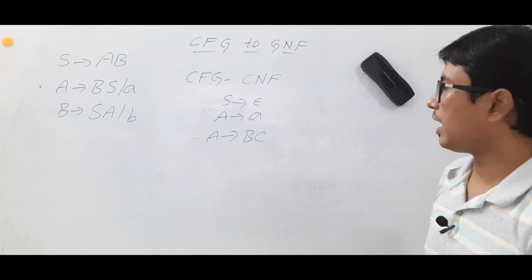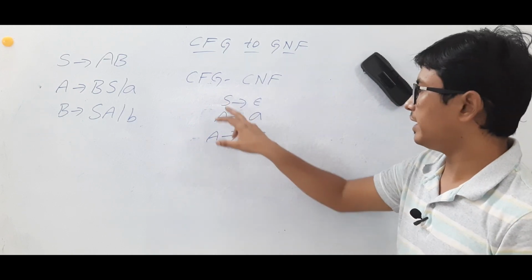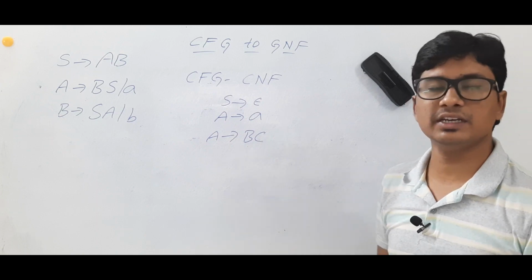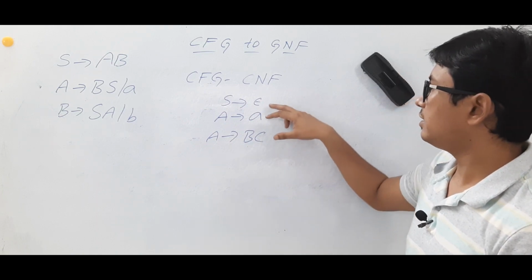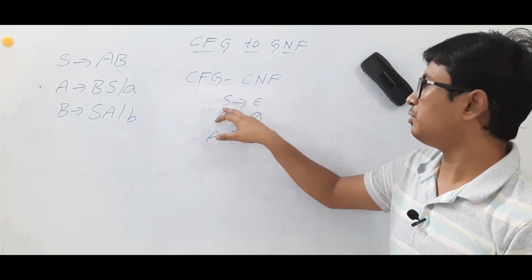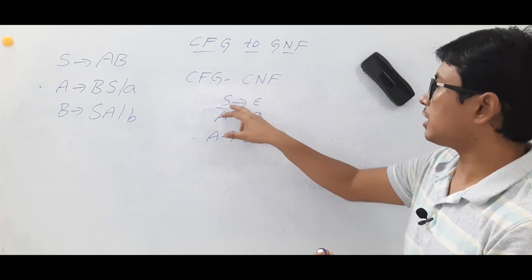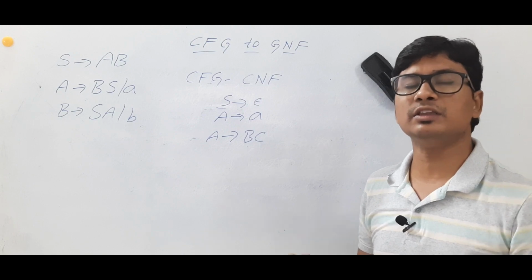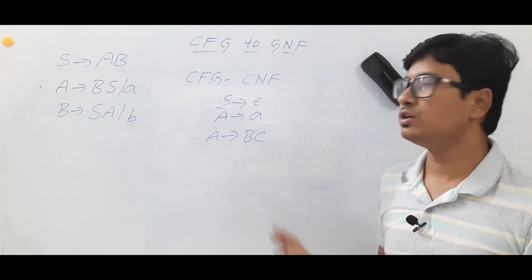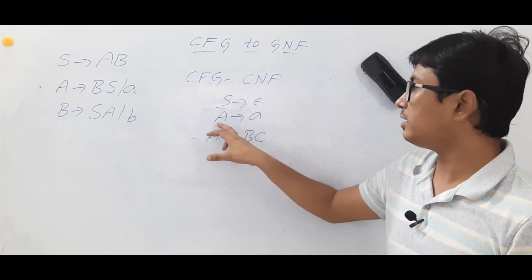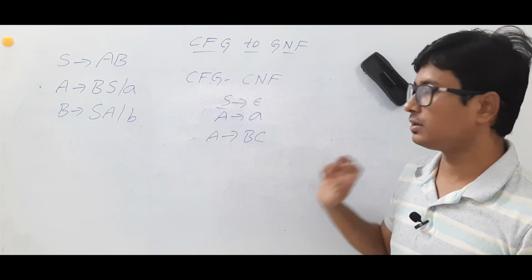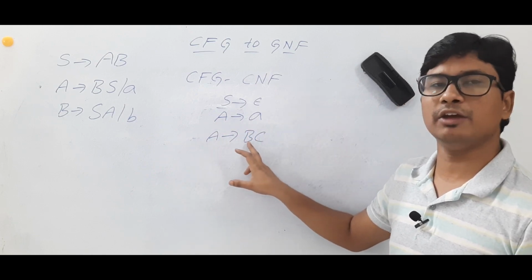Let's take that I have 4 variables, S, A, B and C, and here I have an epsilon. The start symbol is S. The start symbol can produce an epsilon, meaning the language consists of the string epsilon, so we should not remove that. And a variable can determine a terminal, or a variable can determine a variable and variable.